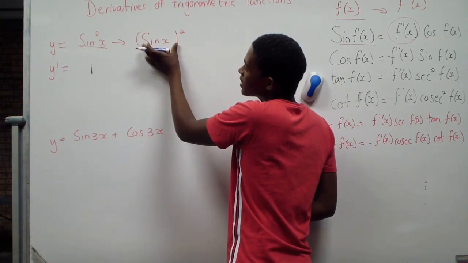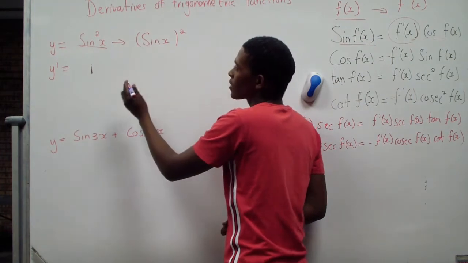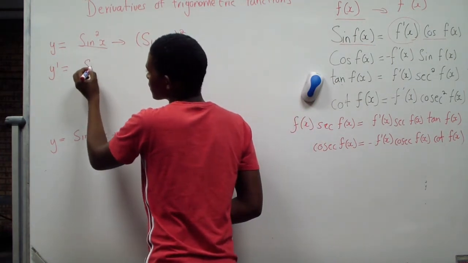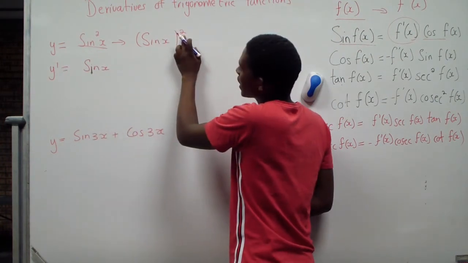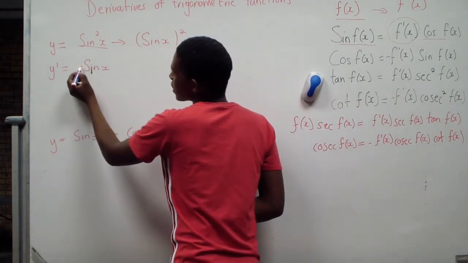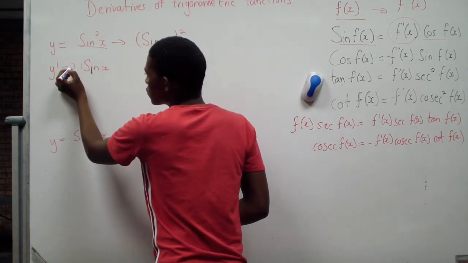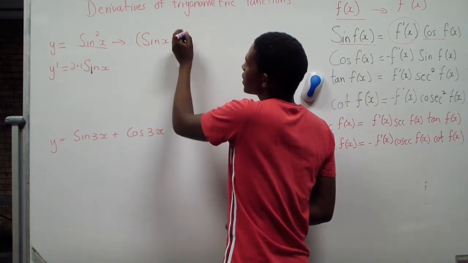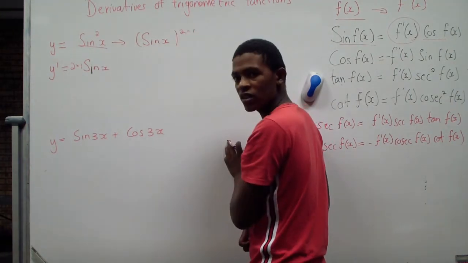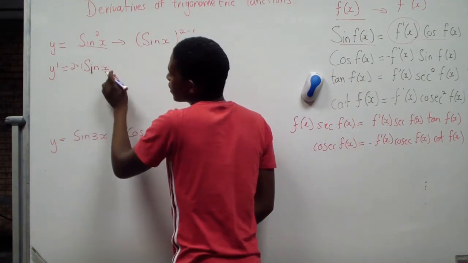So I will take this as my function, sine x. But now because I had squared, I'm having an exponent of 1. So I will have 2 multiplied by sine x to the power 1. Because I had squared, then I will minus 1 from my index or my exponent. So I will have this.